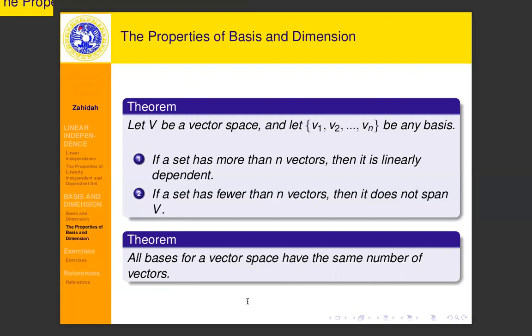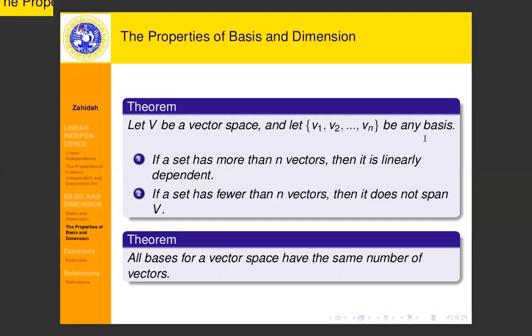The next theorem: all bases for a vector space have the same number of vectors. Note that we have many bases for a vector space.